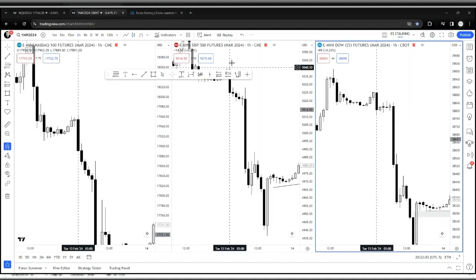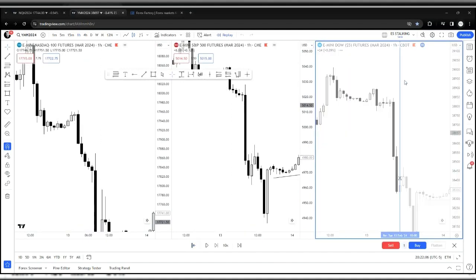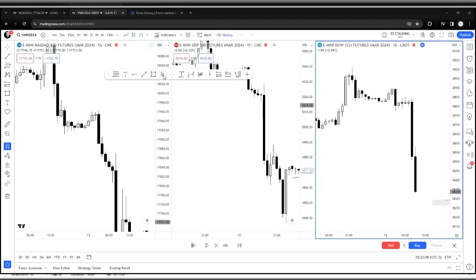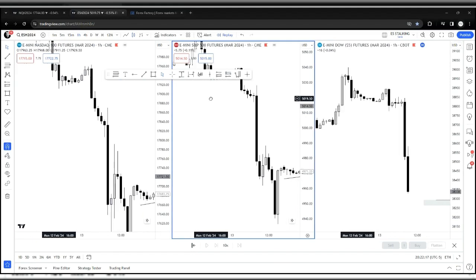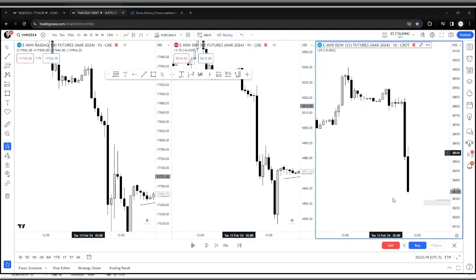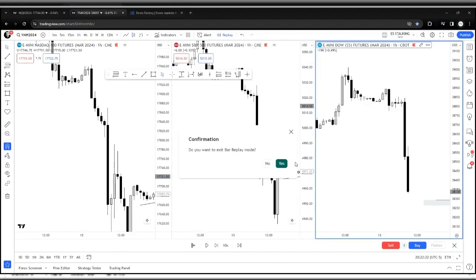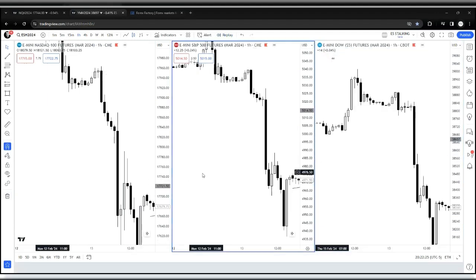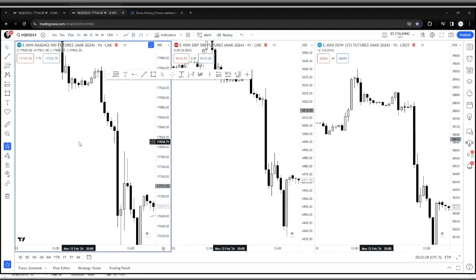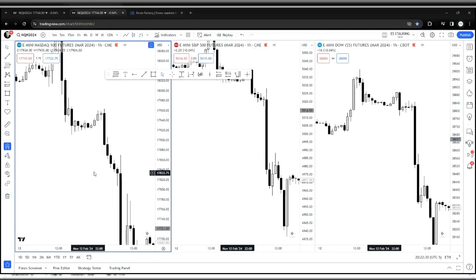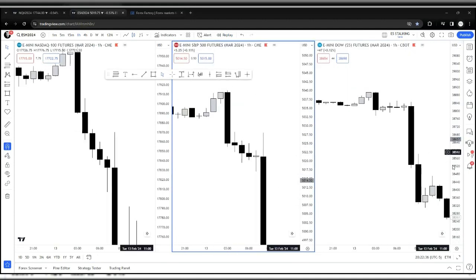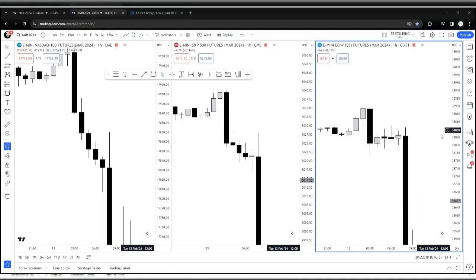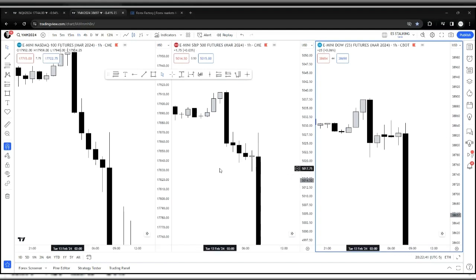Okay, so even right here, let's do this. We had this price action right here. Why did I do this? Clean the charts. So right here when we had this price action right here, you'll see this was last week's CPI release, right?